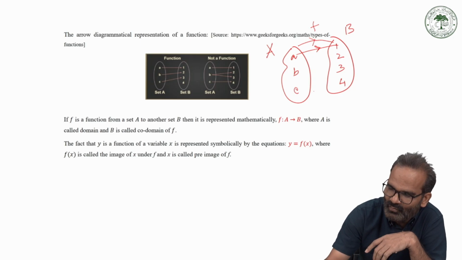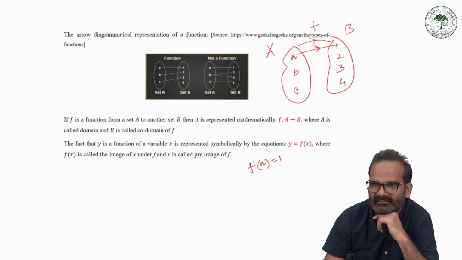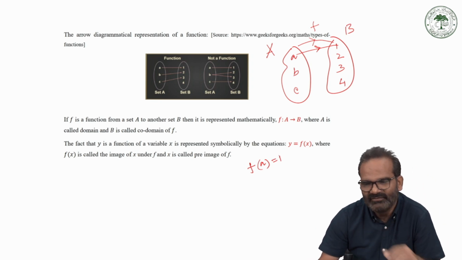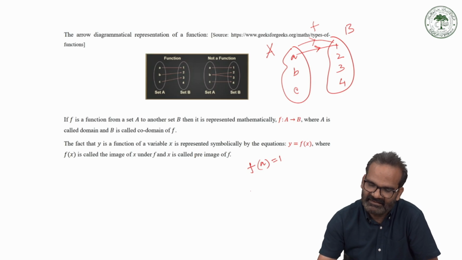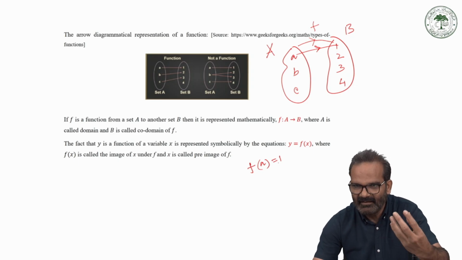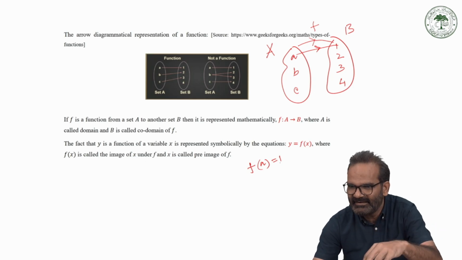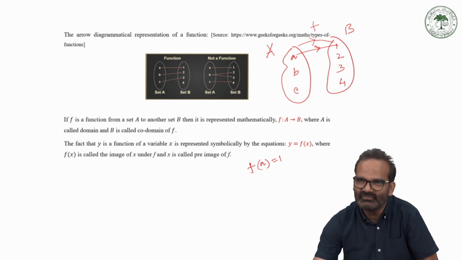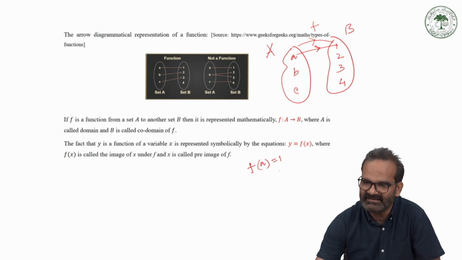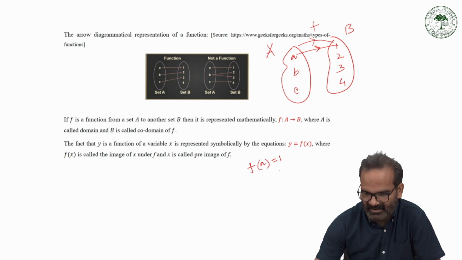And this is how we write it: f of A is equal to 1. We read it as: image of A under f is equal to 1. Image means whenever f is acted on A, it converts A to a new thing, that is 1. We call it the image of A under f.